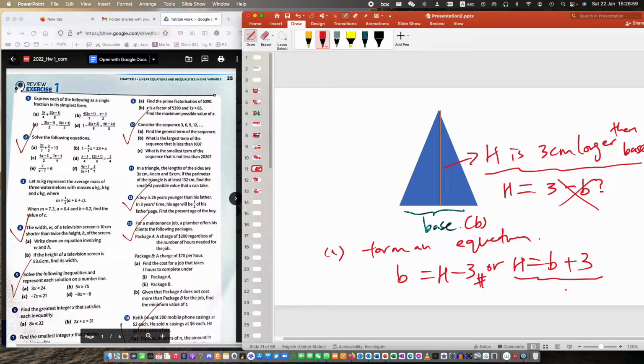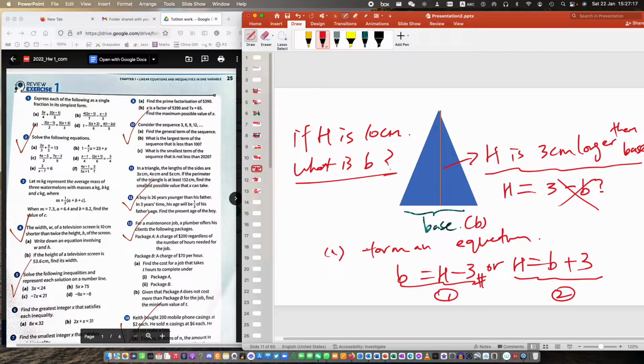Now, if they ask, if H is 10, what is B? Which one do you use to find the B? One or two? Just pick one. Just now I said both are correct, right?